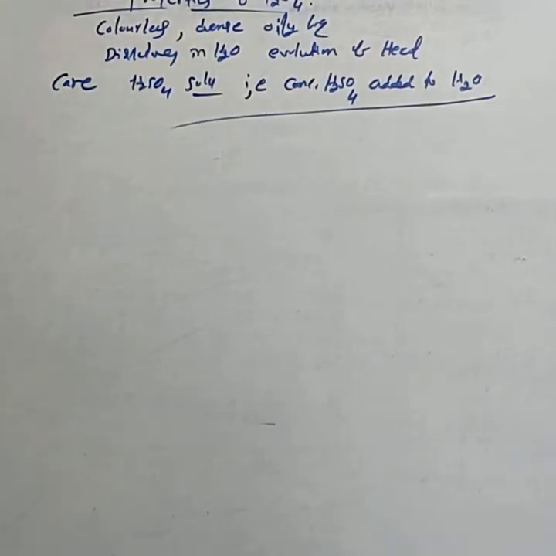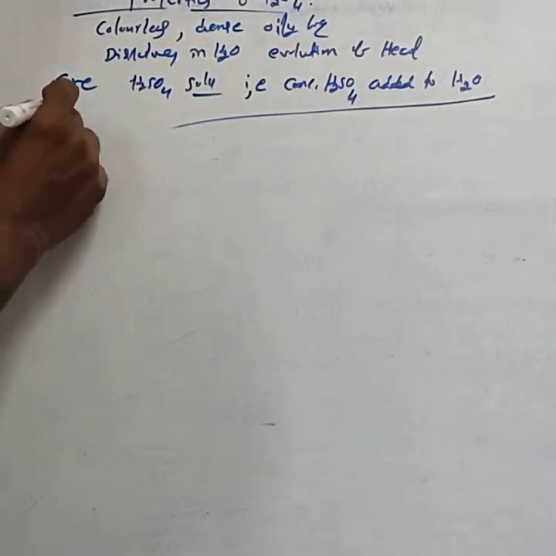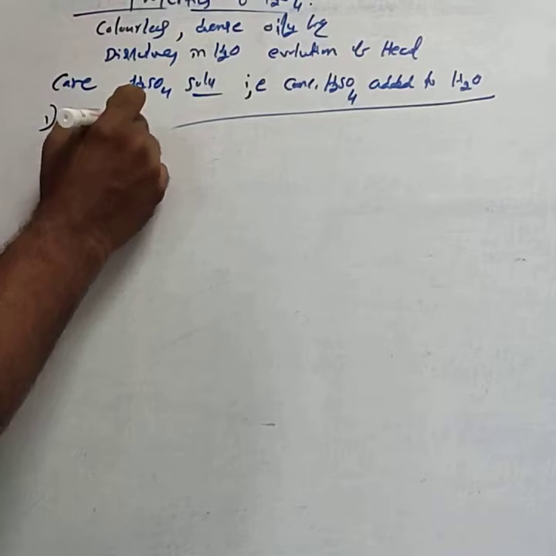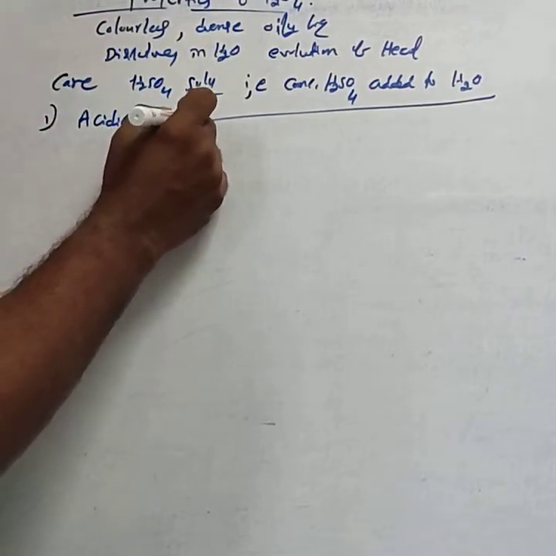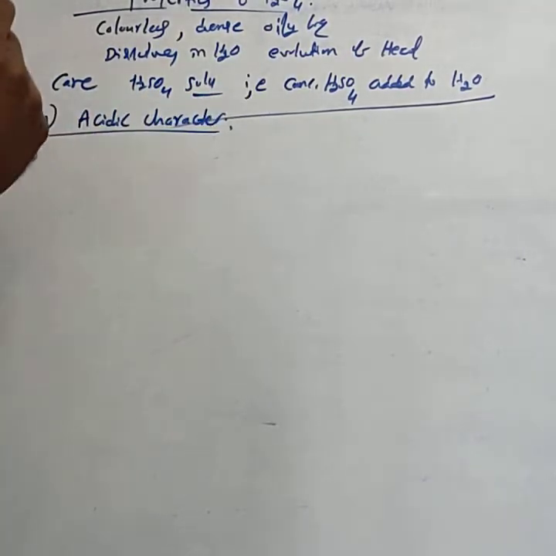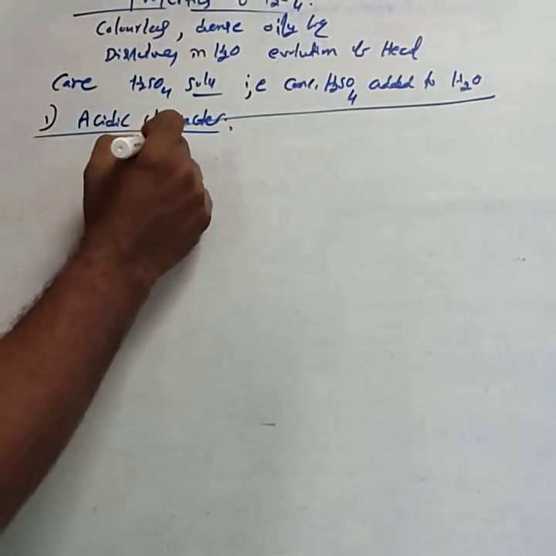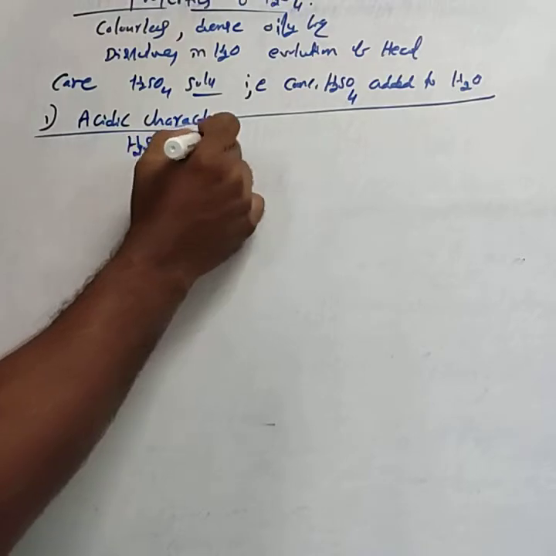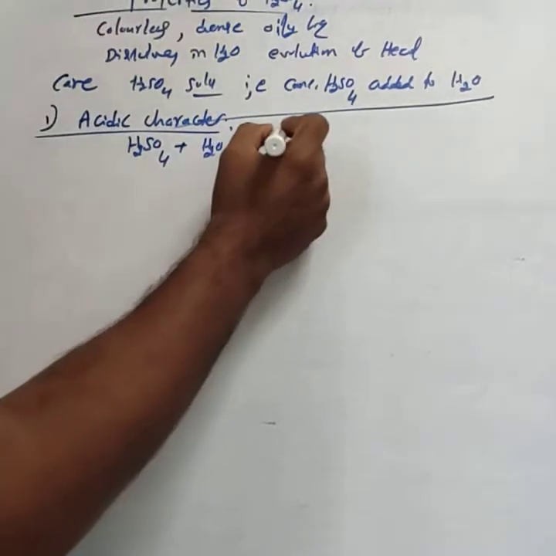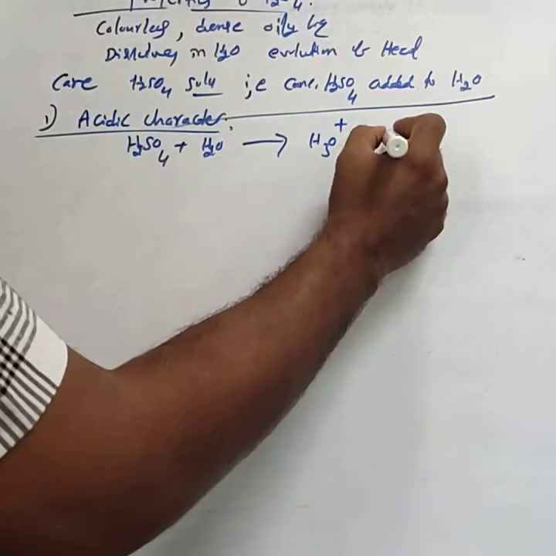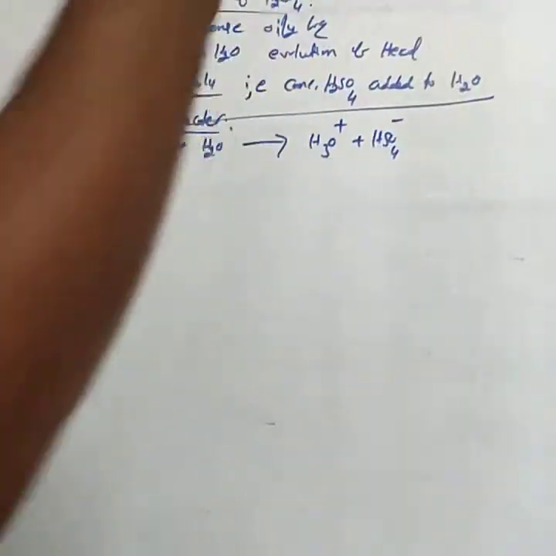In the chemical properties, the first chemical property is the acidic character. Sulfuric acid ionizes when dissolved in water to give hydronium ion and HSO4 minus.